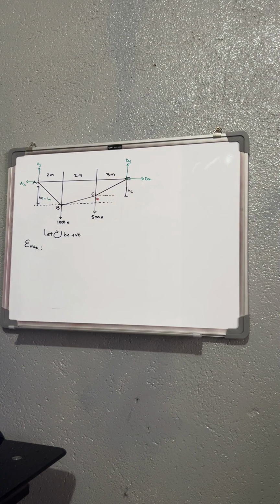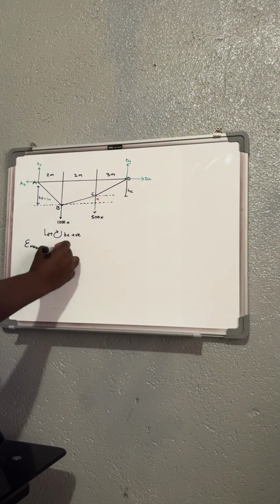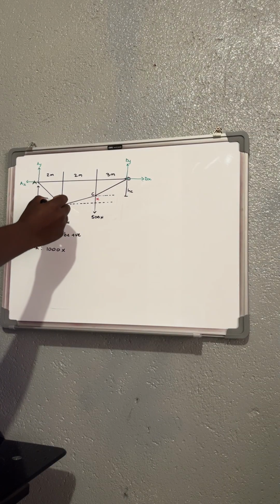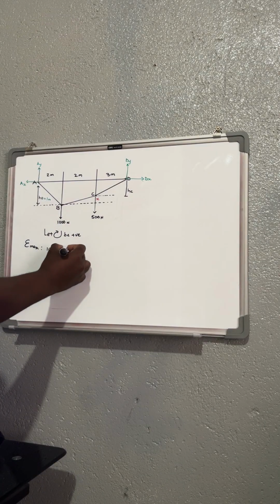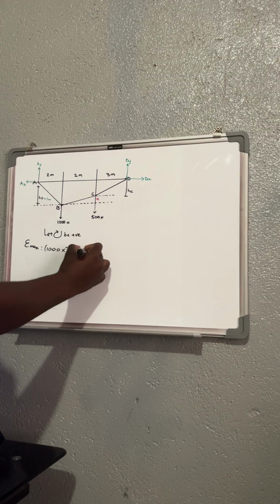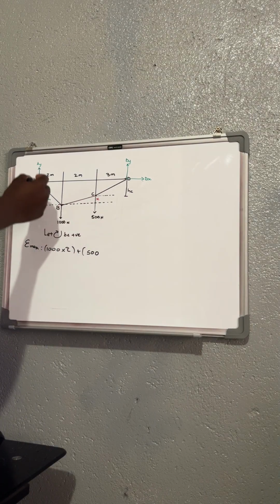What do we have? We have this 1000 which is going in the clockwise. We multiply by the distance between this force and our A, which is going to be 2. Then we have the 500. What is the distance between the 500 and this one?